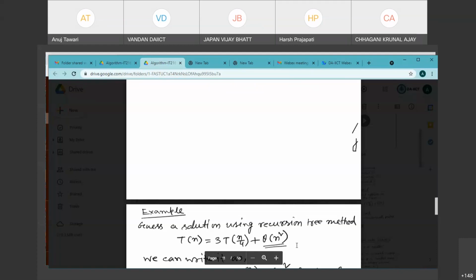By the master theorem, the solution is clear because n to the power log 3 base 4 is dominated by n square. So n square will be the solution.